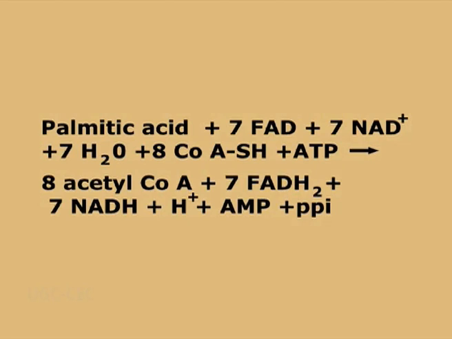So, the overall reaction for the complete degradation of palmitic acid, that is a 16 carbon saturated fatty acid, is palmitic acid plus 7 FAD plus 7 NAD plus 7 H2O plus 8 coenzyme A-SH plus ATP, that is converted into 8 acetyl-CoA plus 7 FADH2 plus 7 NADH plus H plus AMP plus pyrophosphate.